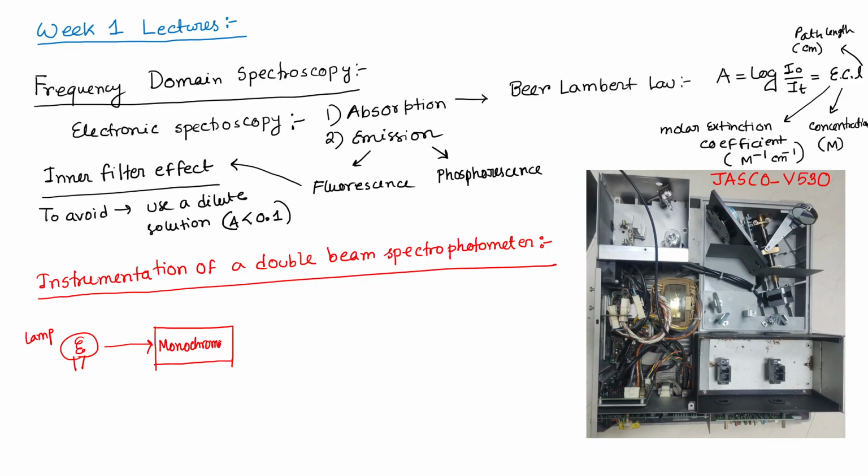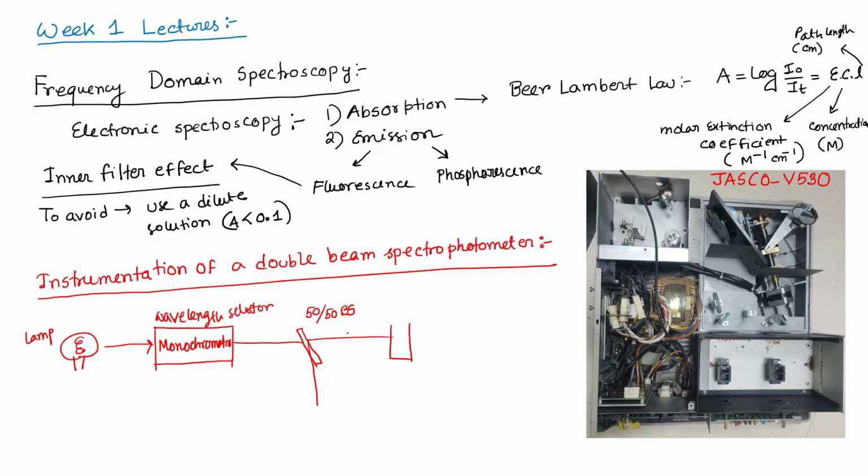Today we will discuss what a monochromator is in depth. It is actually a wavelength selector, right? And then there will be a dichroic beam splitter, 50-50. One part will go to one cuvette and another will be reflected.